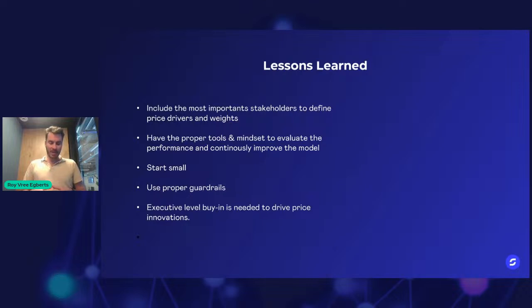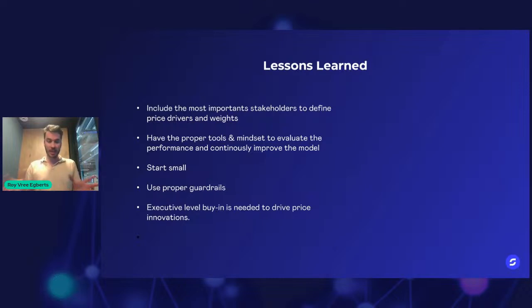The interesting part is that with the workshops we have done, it's extremely important to have the right stakeholders at the table, because sales and marketing most of the time have a completely different perspective on what's driving the price, or finance, or the CEO. So making sure that all the right stakeholders are there to go through and to have this exercise on what should be a price driver, and also the weighing.